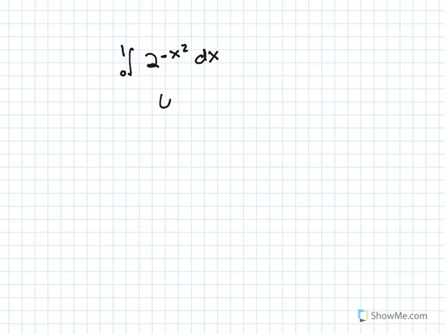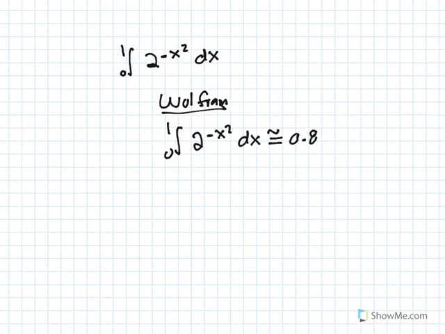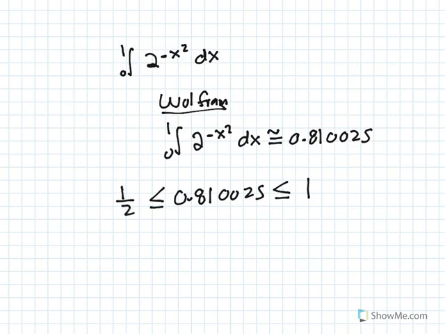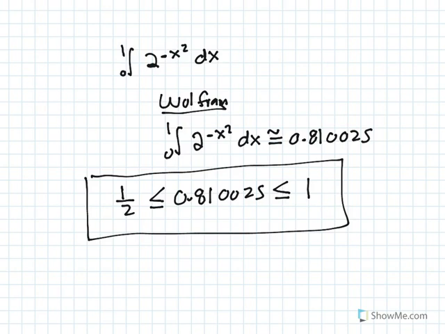But if you give this to Wolfram Alpha or computer software, it gives a very accurate estimation for the value of this definite integral, approximately 0.810025. And you will see that it's actually between the upper bound and the lower bound that we found earlier. So 0.81 is less than 1 and larger or equal to 1/2. So this is an example of estimating a definite integral. All right, thanks.